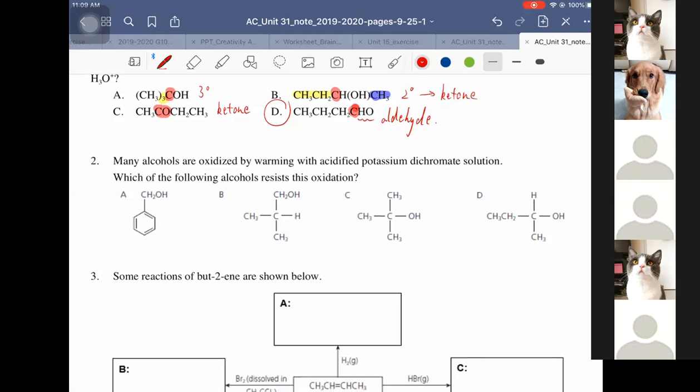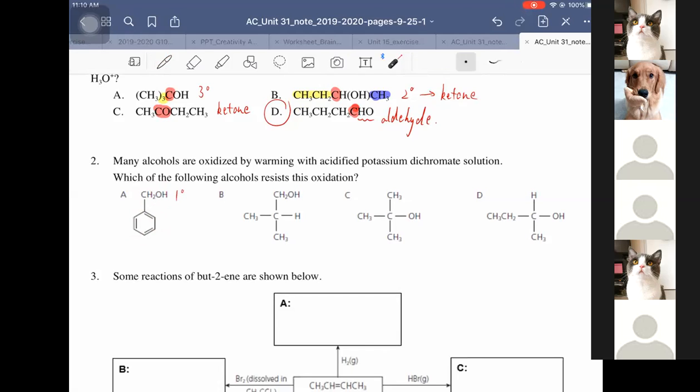The first one, we have the hydroxyl group attached to this carbon, and this carbon only has a benzene ring attached, a phenyl group. So this is a primary alcohol, and it can be oxidized by the catalyst.